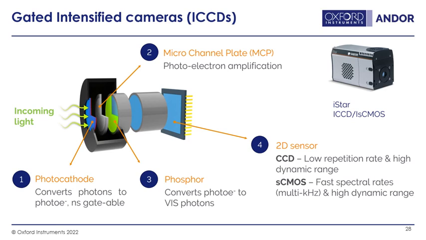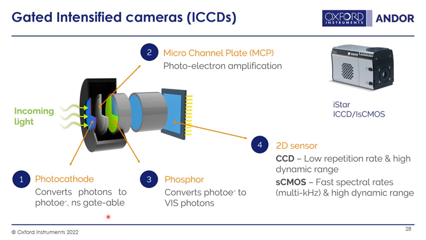Let's look at how ICCDs work. An ICCD is a camera with either a CCD or sCMOS type sensor that has several additional components in front of it. The first component is the photocathode, and the photocathode can be used to generate photoelectrons when exposed to light, but the key to the photocathode is that it's gateable on a nanosecond timescale.